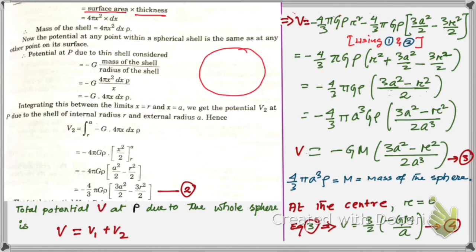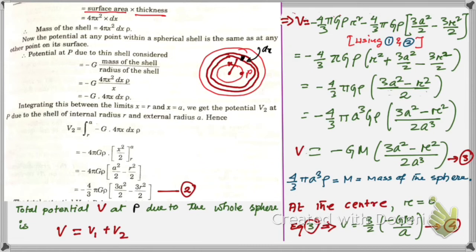This is the shell, this is P here, and you have considered another shell with radius x and thickness dx, right? Then what will be the volume of this shell?